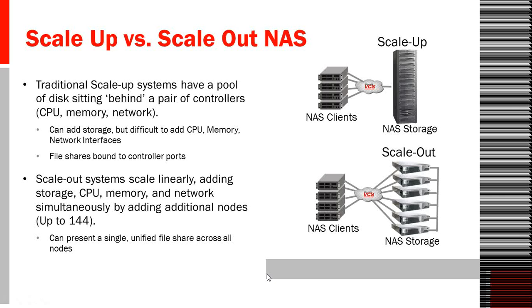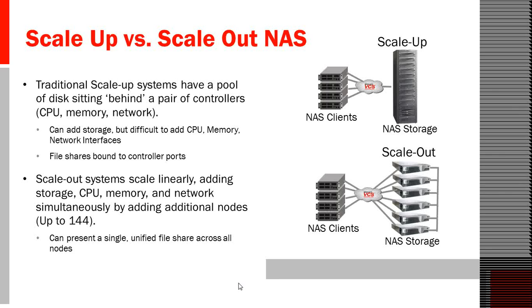We've got this move now to scale-out systems, which is really a parallel computing kind of paradigm. We're able to just increase the whole number of NAS storage devices, and then CPU and memory will scale in a commensurate way as well. So we can present a single unified share across all the nodes.